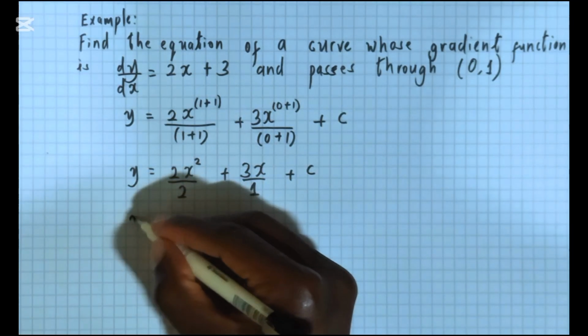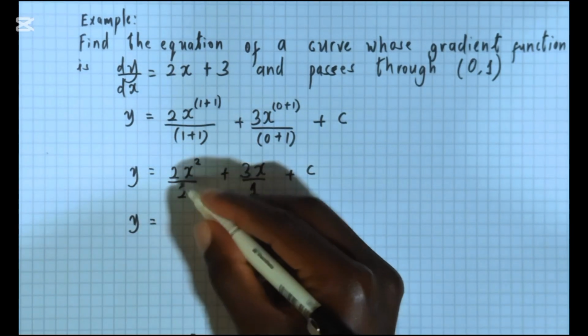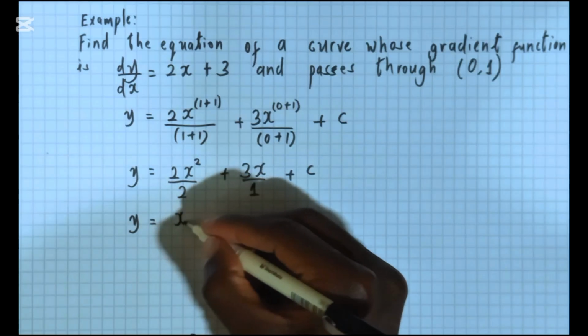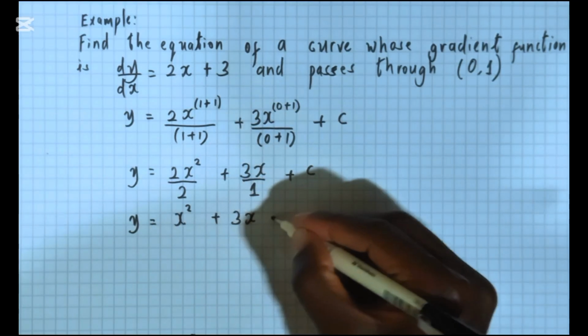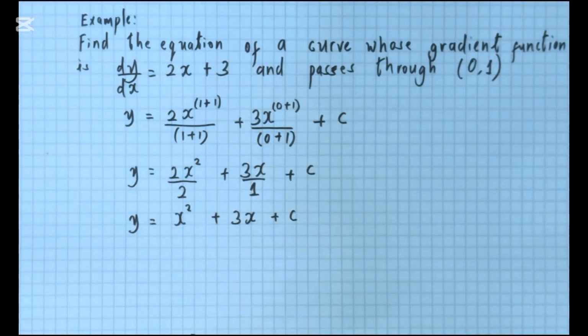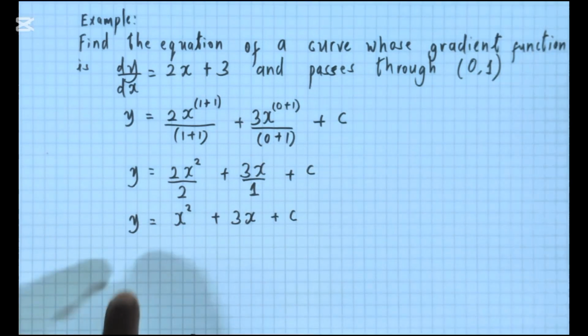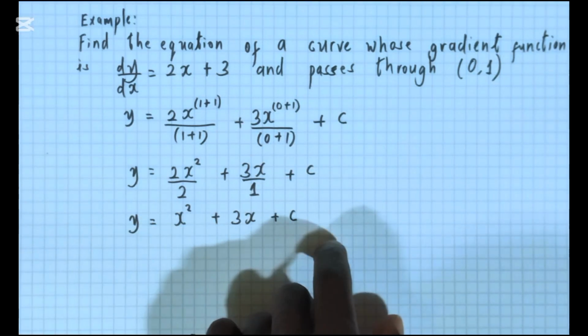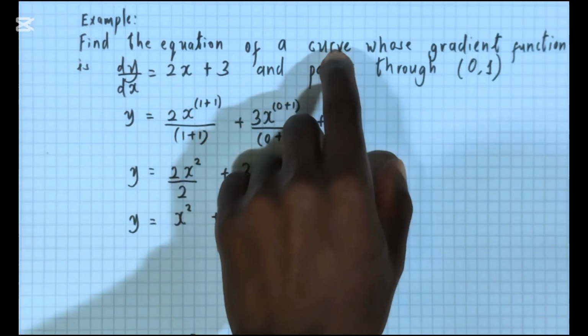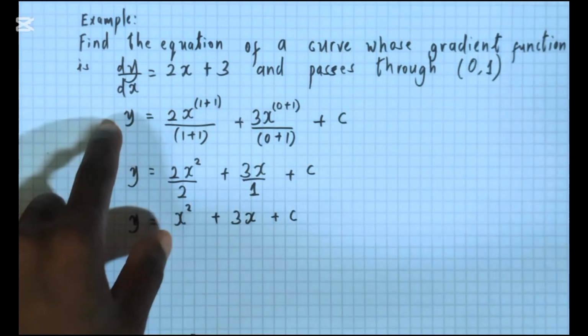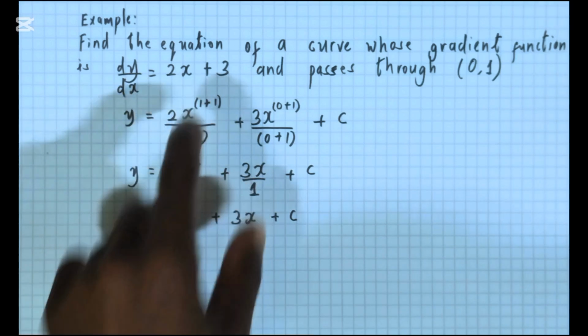This simplifies to 2 divided by 2, which is x squared, plus 3x plus c. So this here is the general integral equation of the curve that we were trying to find based on this gradient function.